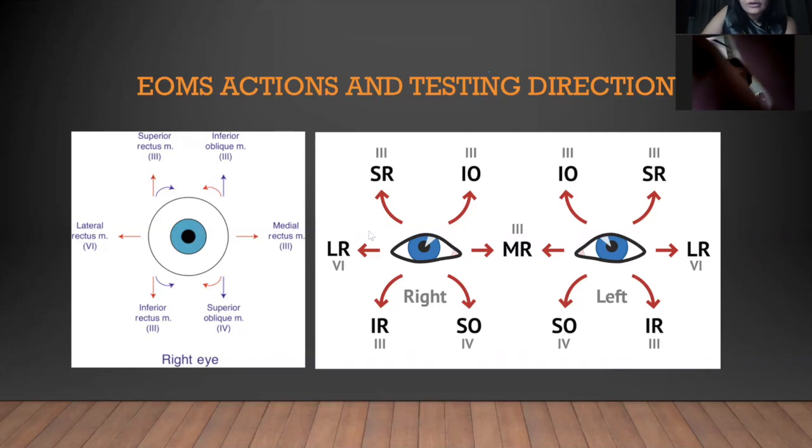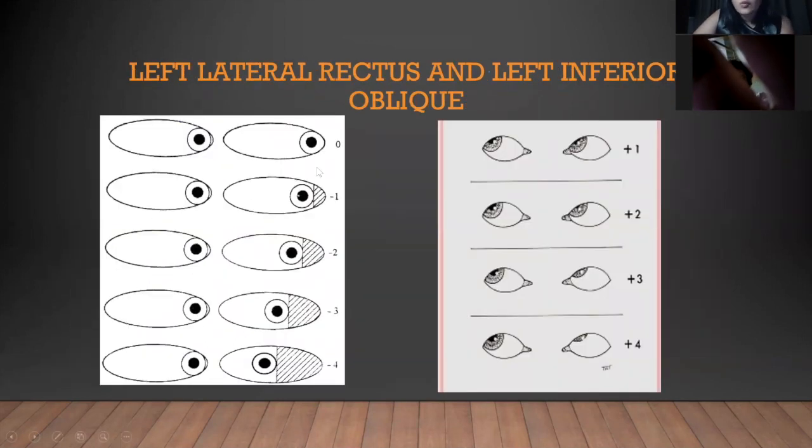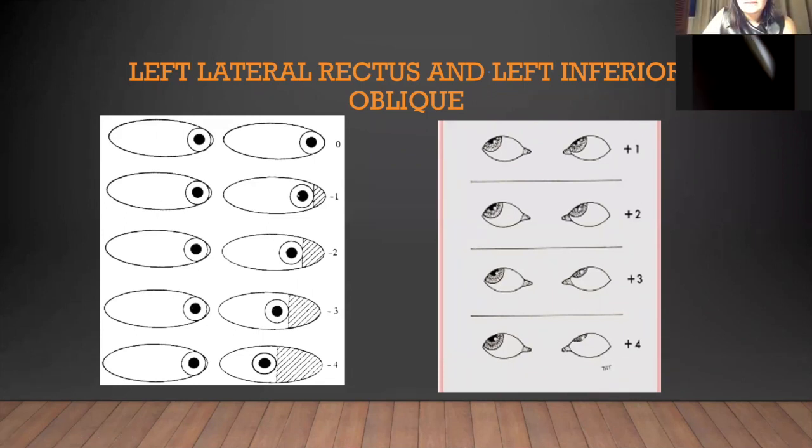Now we are going to look for amount. So what is normal? Then we can tell you what is abnormal. So everything which is overacting is denoted in plus. Everything underacting is denoted in minus. So, for example, we are looking at the left eye lateral rectus function. Normally it comes all the way to the temporal aspect or the lateral canthus.